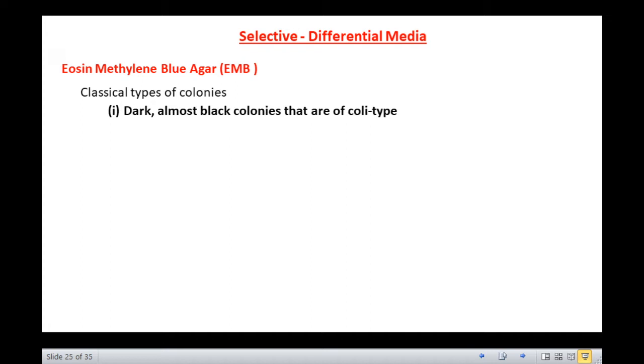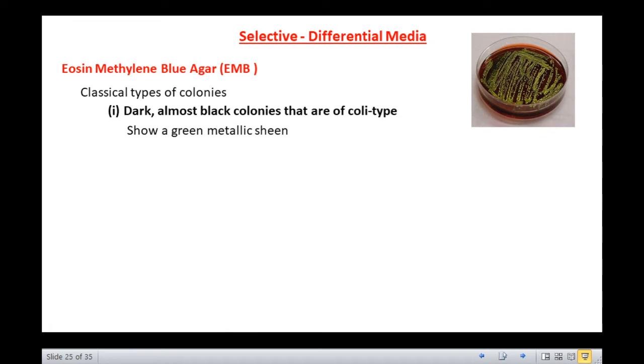By reflected light, these colonies show a green metallic sheen, which is due to the precipitation of methylene blue in the medium from the very high amount of acid produced from fermentation. Those which form this type of colony are mostly strains of E. coli and some strains of Citrobacter.